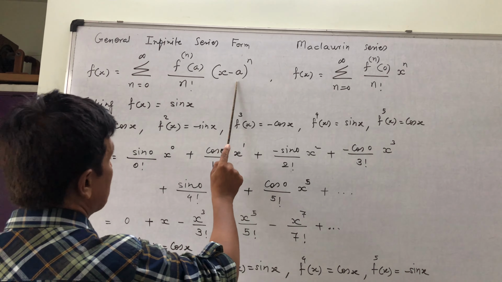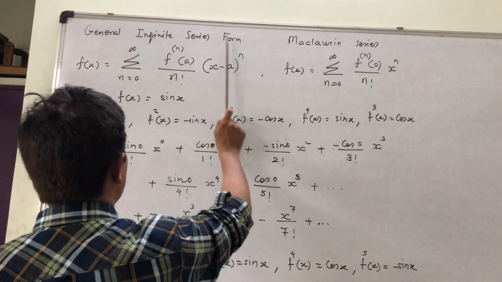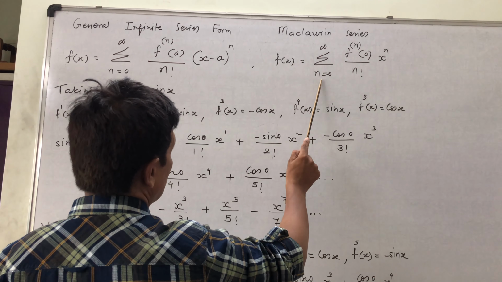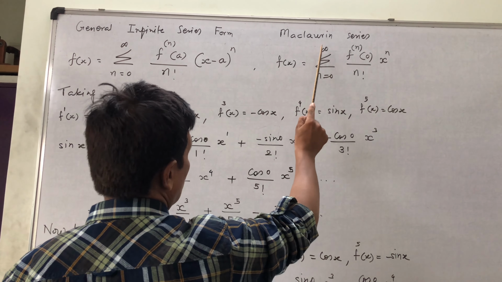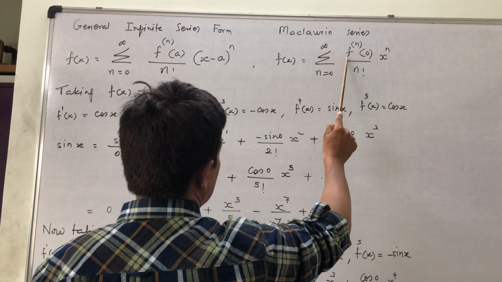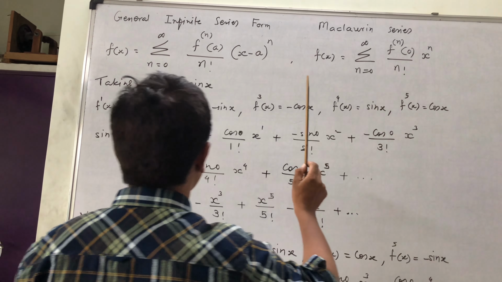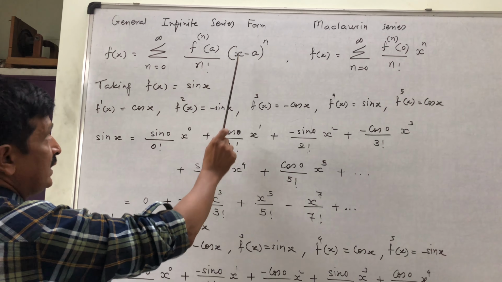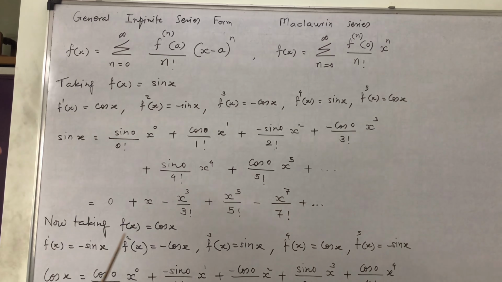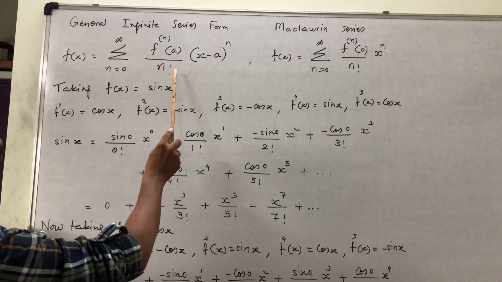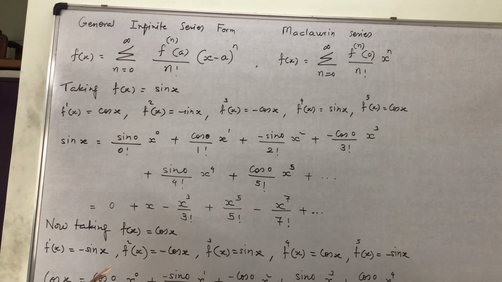But taking a equal to 0, one of the cases of Taylor series, Maclaurin series: f of x equal to sigma n equal to 0 to infinity, nth derivative of f of 0 upon n factorial into x raised to n. We have derived this also in our previous video. You can go through our playlist, but now we will use it directly.